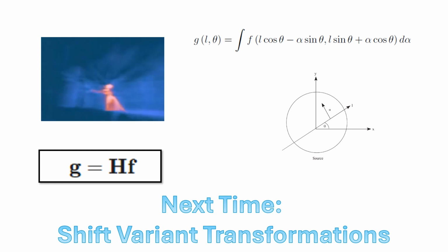That's because we've taken projections, line integrals through the volume, and back projected them to create a 3D model. Here on the right, we show a model of a Radon transform where we look at line integrals through a region, so that we measure as a function of distance along a line, where L would be distance from the origin, and we integrate along these rays to get projections through a region.